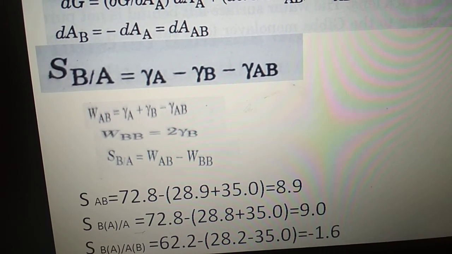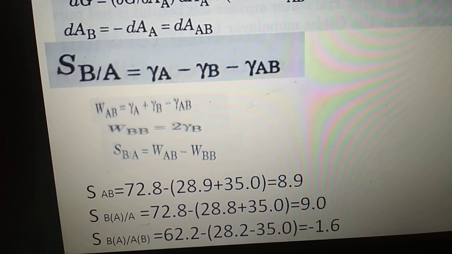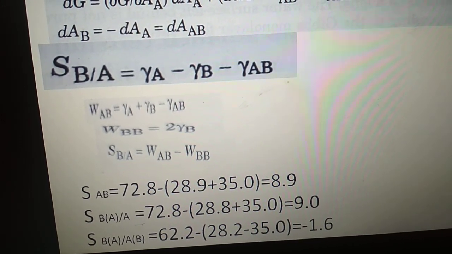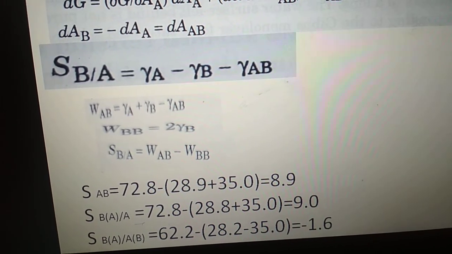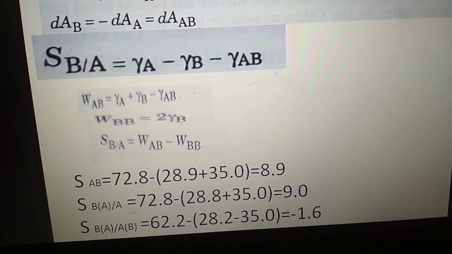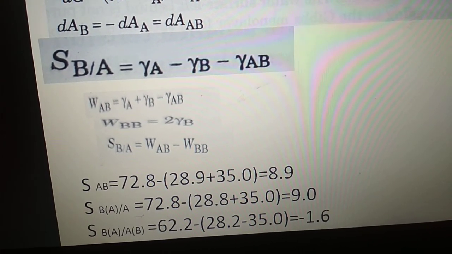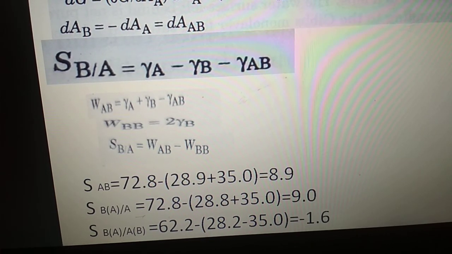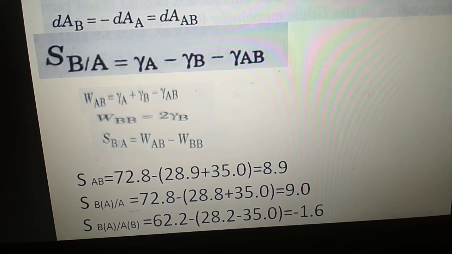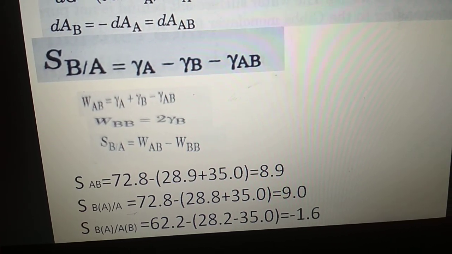Work of adhesion W_AB between two phases is W_AB = γ_A + γ_B − γ_AB. W_AB is the work necessary to separate 1 cm² of interface AB into two liquid-vapor interfaces A and B. The work of cohesion is W_BB = 2γ_B. W_BB is the reversible work to pull apart a column of liquid.